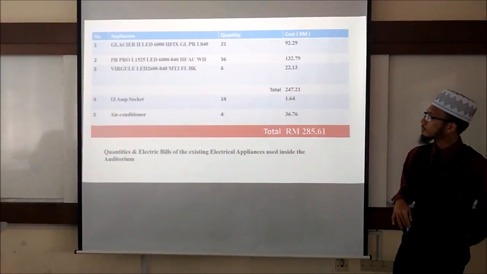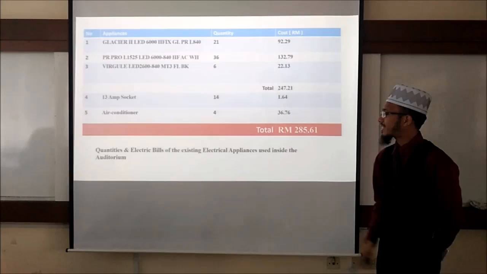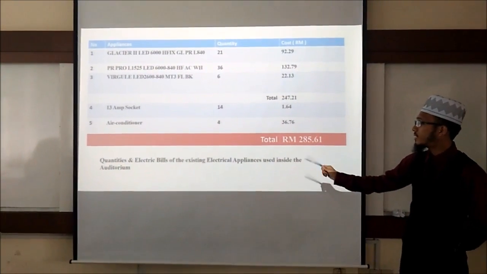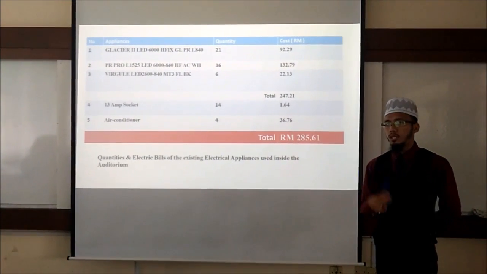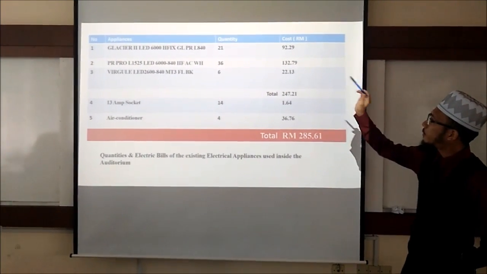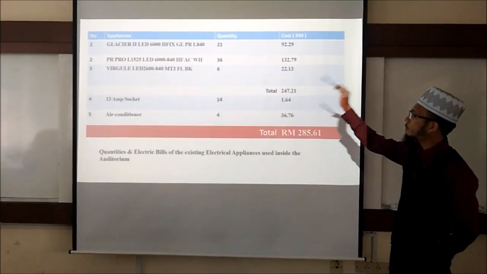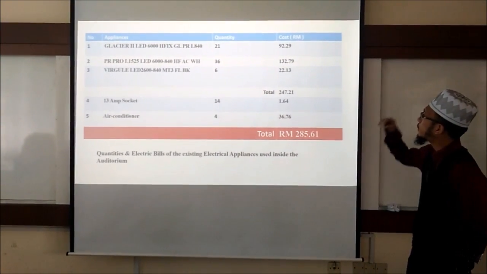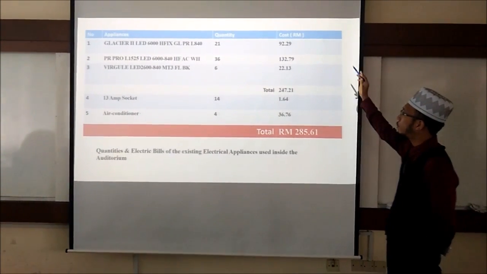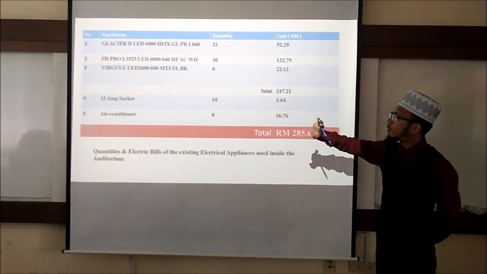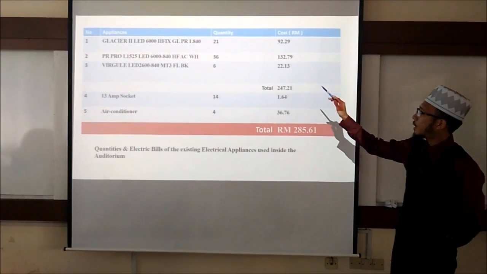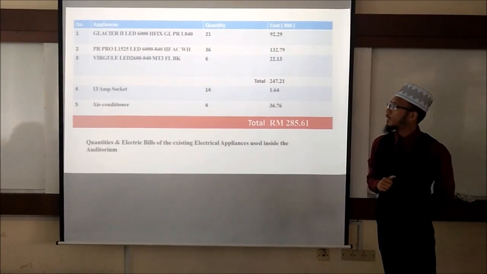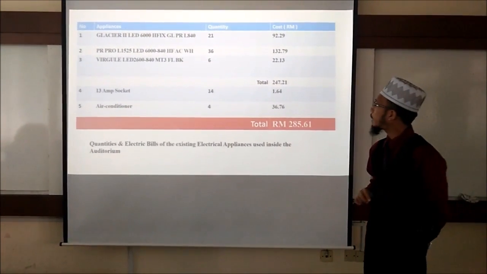Next. Okay, this is our summary of our calculations, which is the existing electrical appliances used in the auditorium. For the first one, the LED bulb, its quantity is around 21, costing around 92.29, and then our LED fluorescent, which has around 36, costs 132.79.